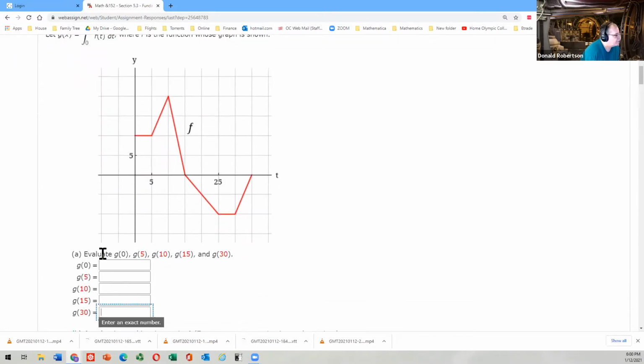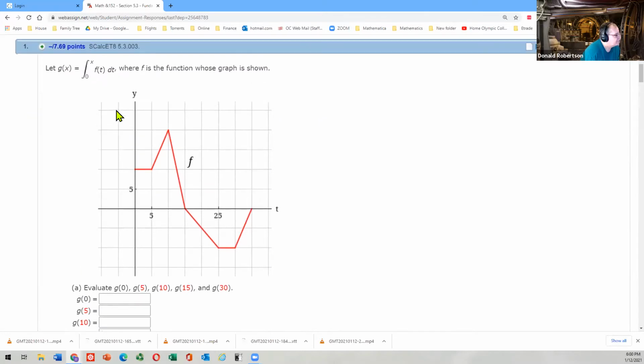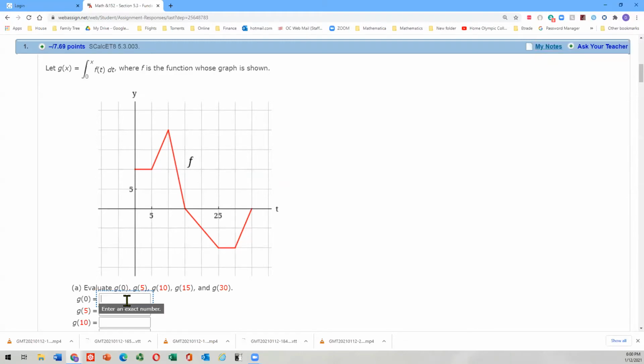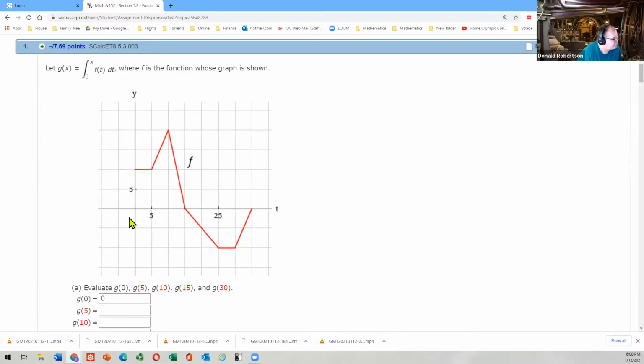Let's start off with G of 0. G of 0 would be the area from 0 to 0. It's a kind of silly question. What is the area under a curve if you start at x equals 0 and you finish at x equals 0? Zero. It's a silly answer. It's 0. Right, now the next one makes sense.